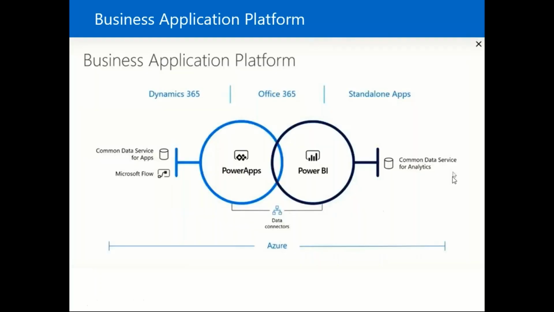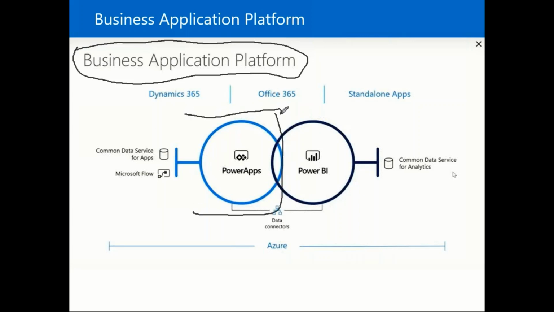I said that this entire thing we are discussing, your Power Apps, Power BI, Microsoft Flow, all of it is part of your business application platform. So here you can see that this is your business application platform. It is showing us, first of all, Power Apps. Power Apps can be used in various ways, and it can connect to different types of data sources with the help of connectors, right?